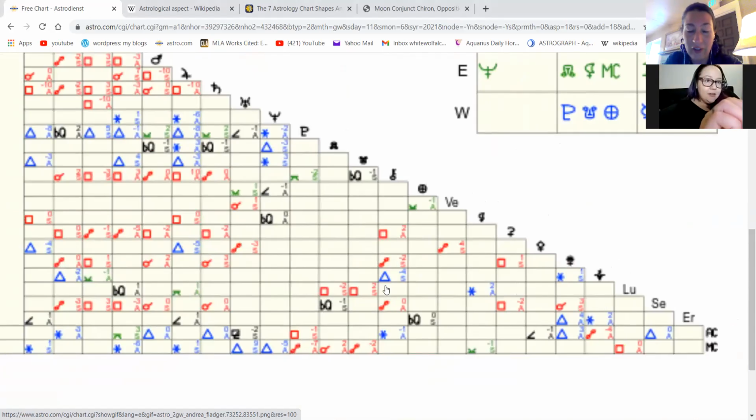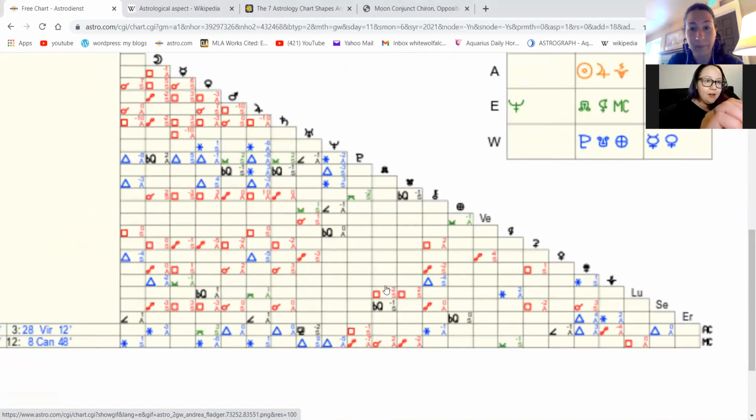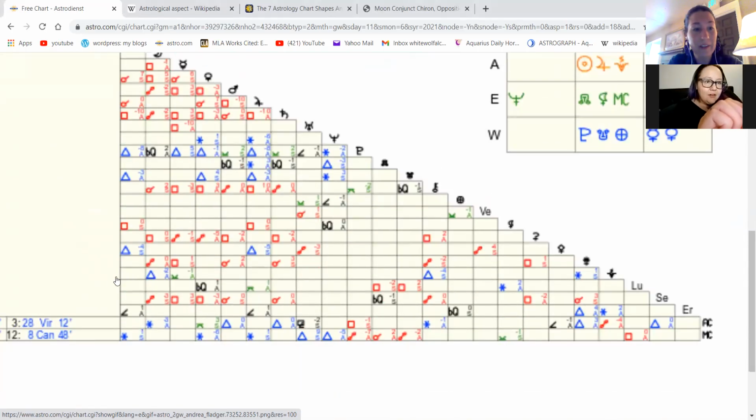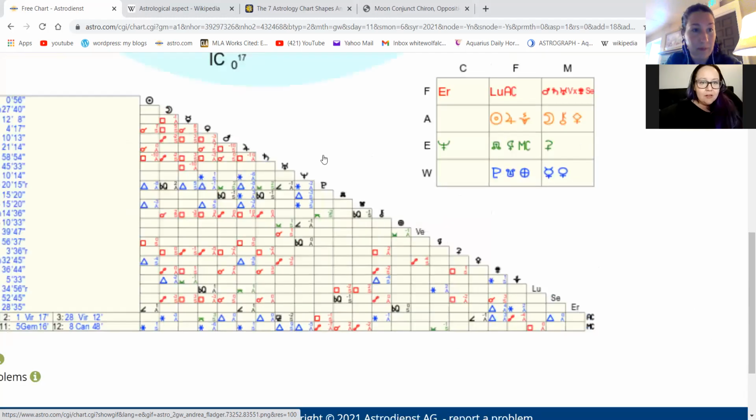You have two oppositions here in your Chiron. You have your sun. Yeah, your sun is opposition Chiron. So yeah, sun opposing Chiron. Let's actually look that one up. That one I haven't seen so often.